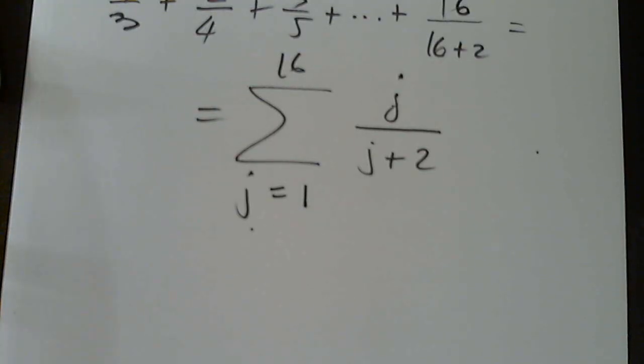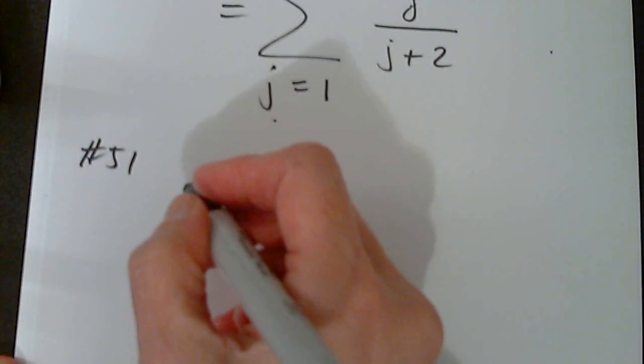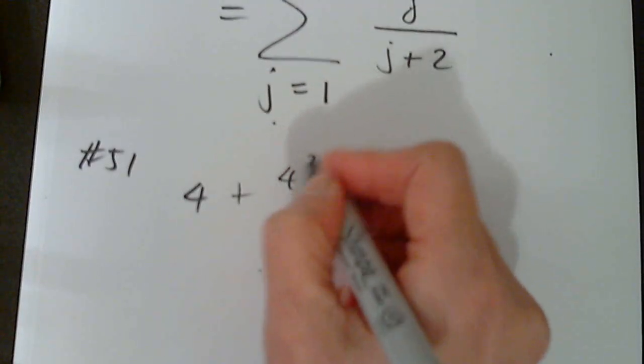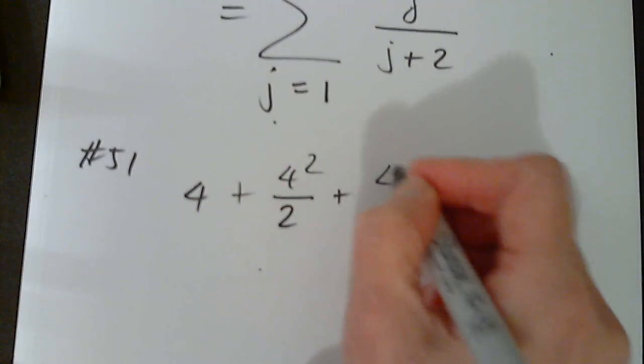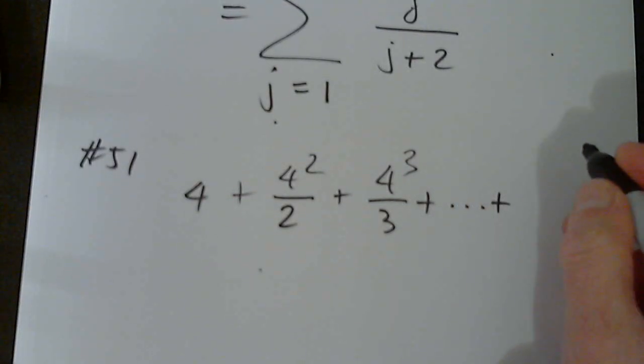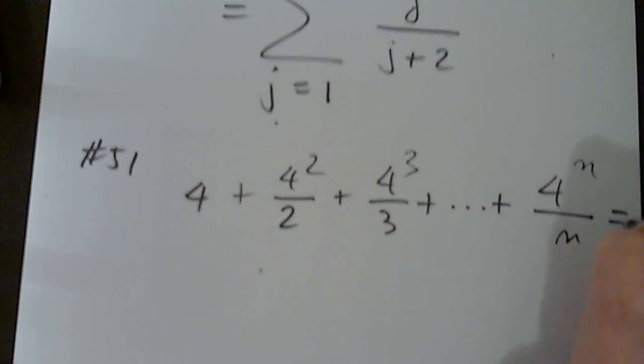Okay, let's look at 51. 4 plus 4 squared over 2 plus 4 cubed over 3 plus dots plus 4 to the nth power over n.